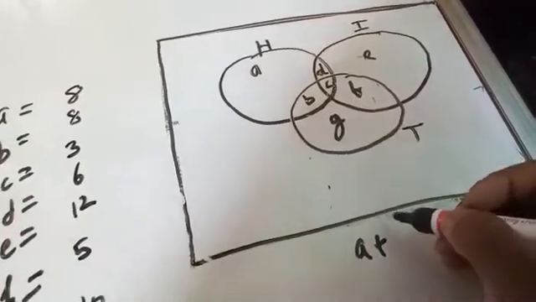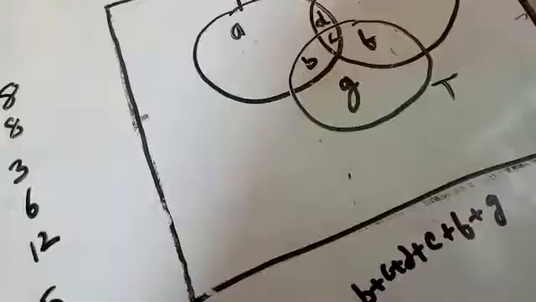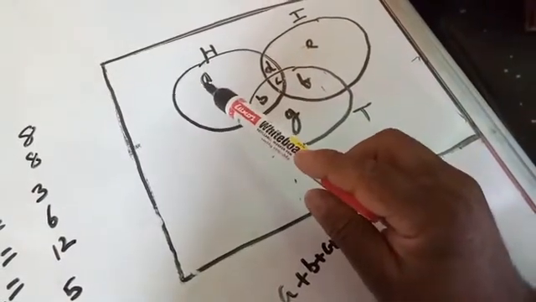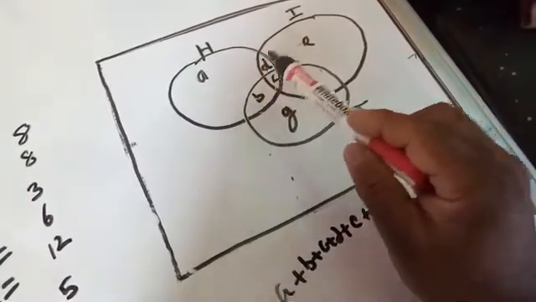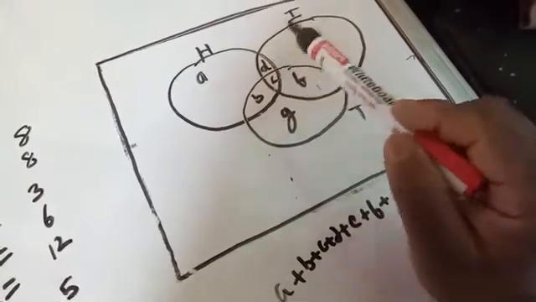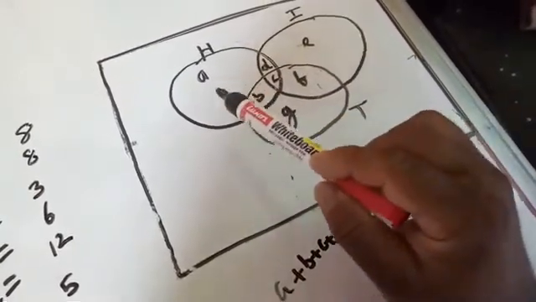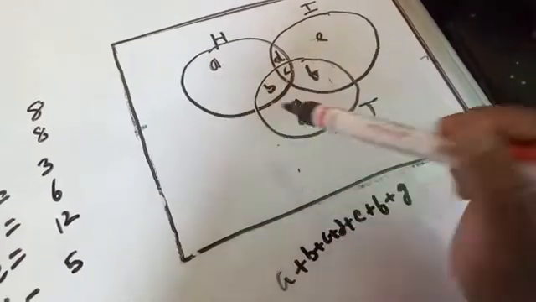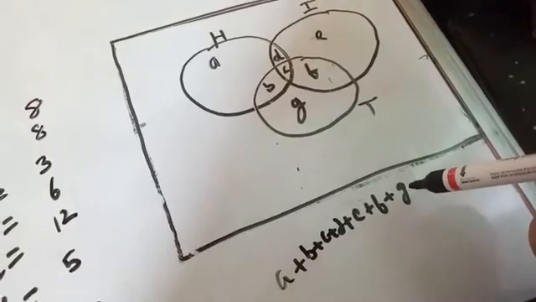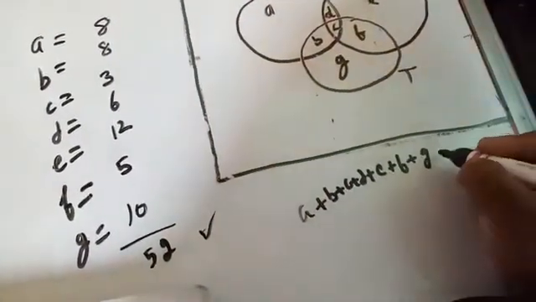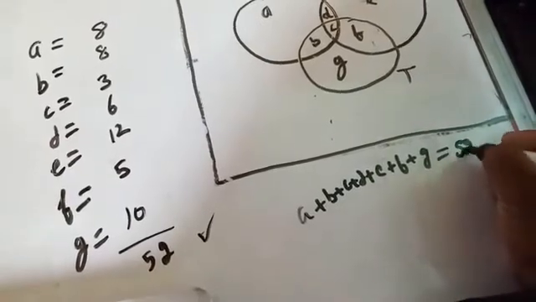As I told you, at least one means they can read any of A, B, C, D, E, F, G. They may read two or three, but at least one. So the number of people reading at least one paper is A plus B plus C plus D plus E plus F. By adding all these values, we got 52.